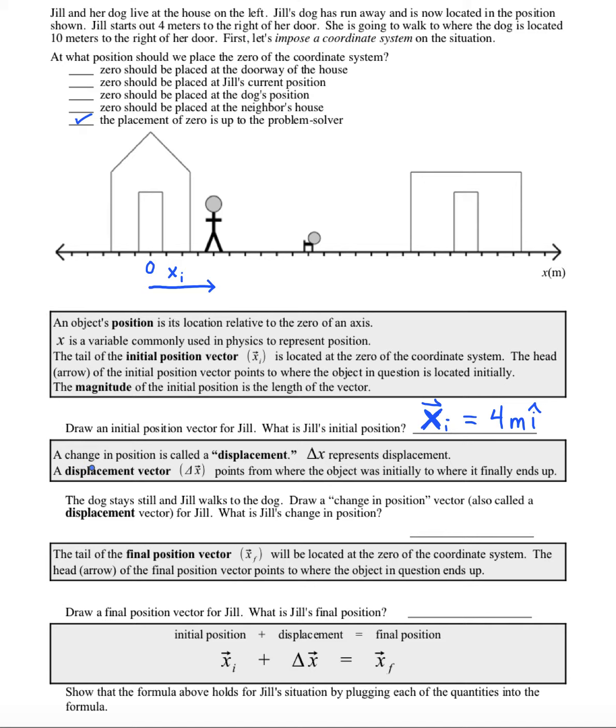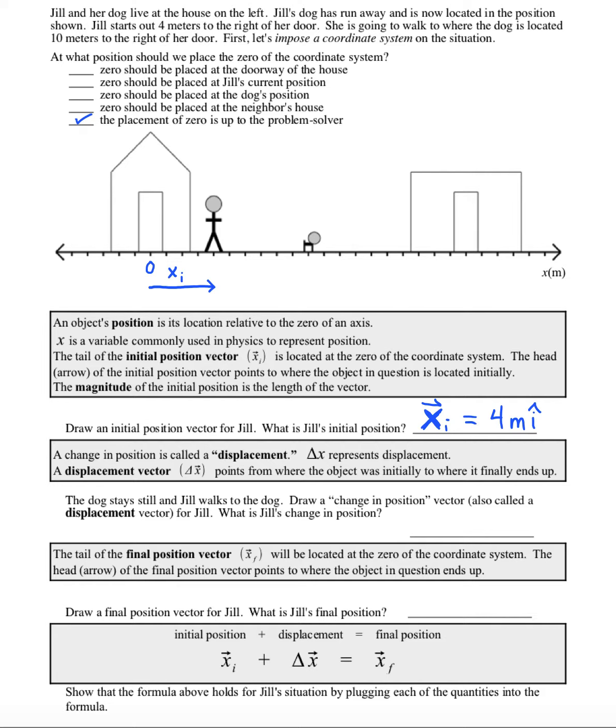Here's a new term. A change in position in physics is called a displacement. And the symbol delta x, delta being the Greek letter which stands for a change in a variable, delta x represents the displacement. So we want to draw a displacement vector, which points from where the object was initially to where it finally ends up.